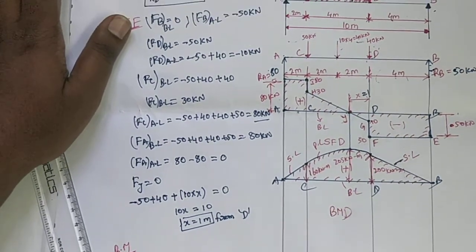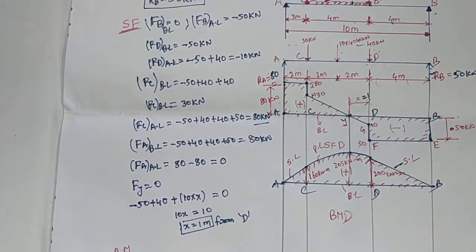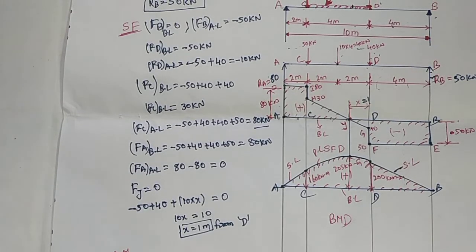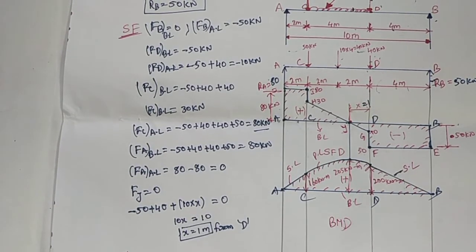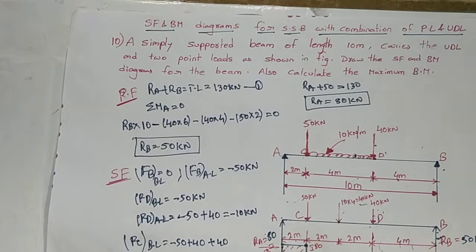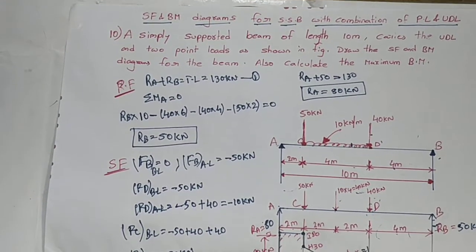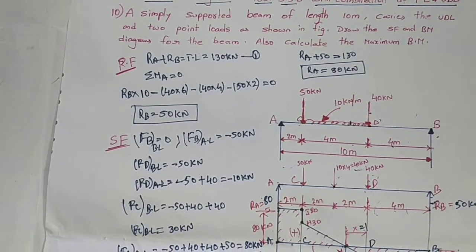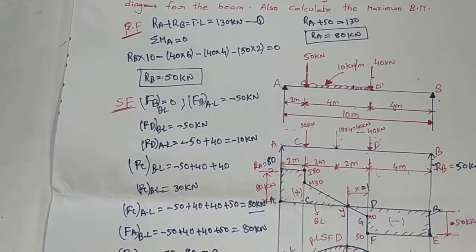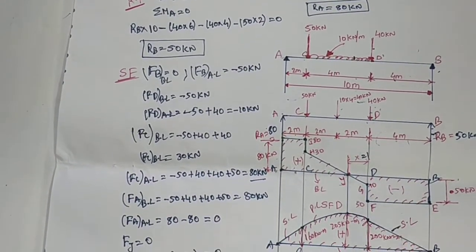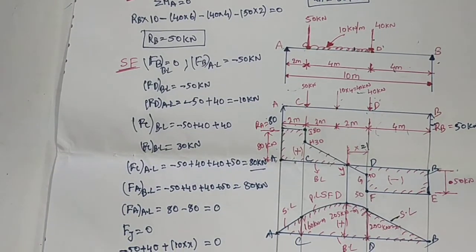Like this we need to draw the shear force and bending moment diagrams for the given beam. First we converted the UDL load into point load. Next we calculated reaction forces. Next we calculated shear force. Based on the shear force we drew the variation of shear force diagram.